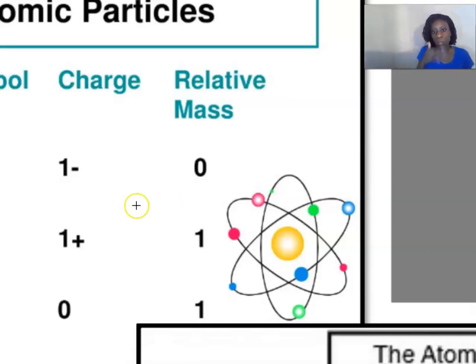Like I said before, electrons are incredibly small in relation to protons and neutrons. Of course, protons and neutrons are small too, but electrons are really, really small. They're so small that for our intents and purposes, we don't factor electrons in when we're calculating the mass of an atom.